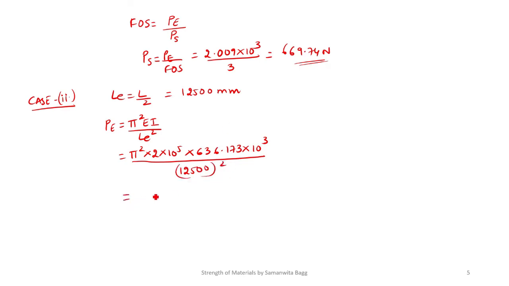So I get this value of PE as 8036.83 Newton. For calculating PS, I will say it is PE upon FOS. So this number divided by 3 will give me 2678.9 Newton. This is the answer for the second case.